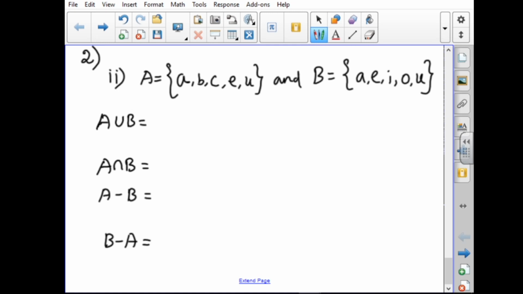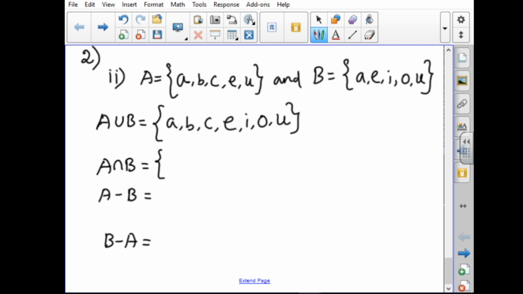So A union B. A union B means you have to join the two sets A and B. So A, B, C, E, I, O, U. These are the elements of A union B. And the intersection.